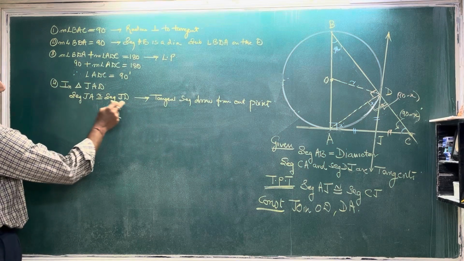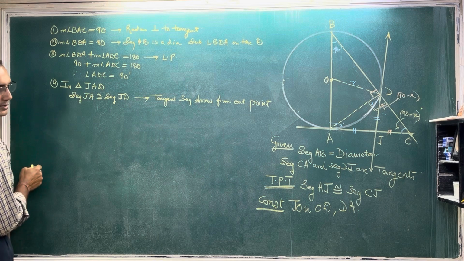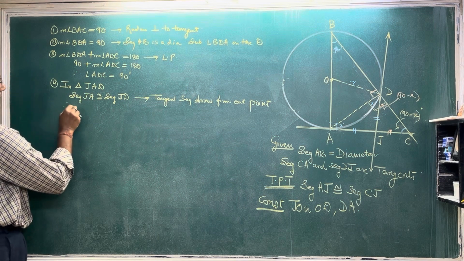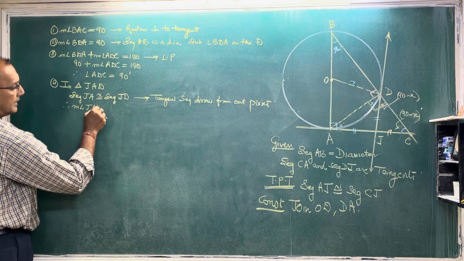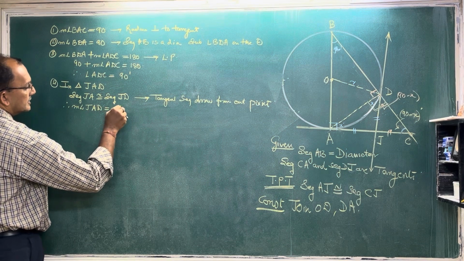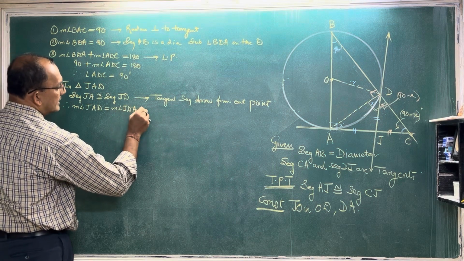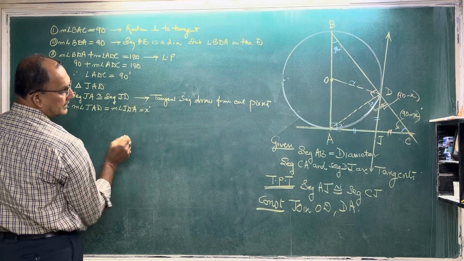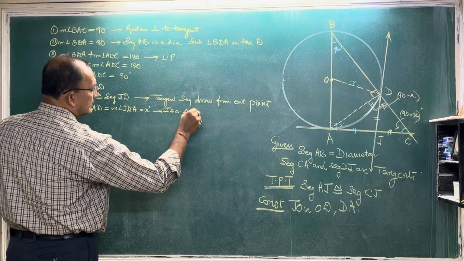Therefore, triangle JAD happens to be an isosceles triangle. Hence, measure angle JAD is equal to measure angle JDA, which is equal to x degrees. This is an isosceles triangle here.